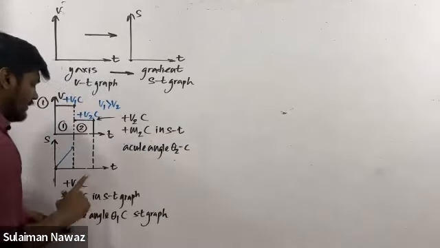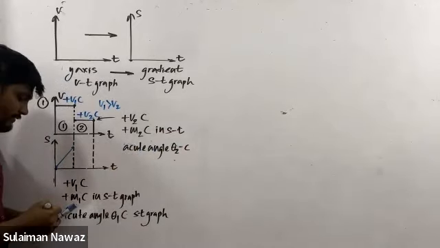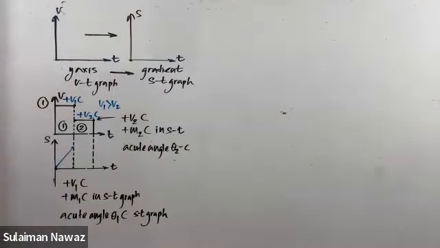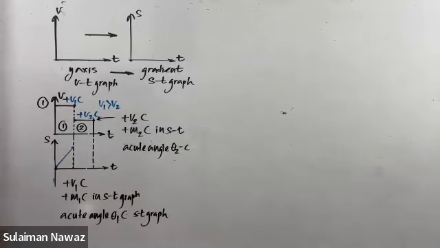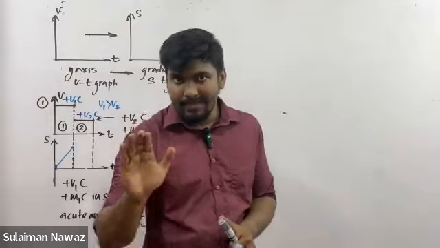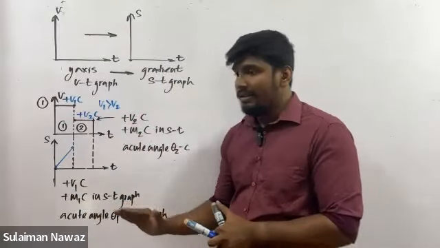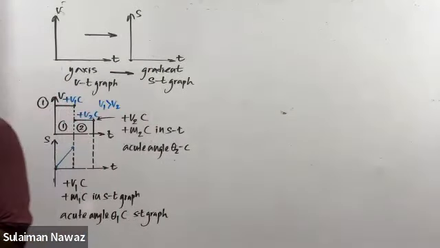What can you say about theta 1 and theta 2? Which one is larger? Reply everyone. Raise your hands. How many of you say theta 1 is larger? Theta 2 is larger.